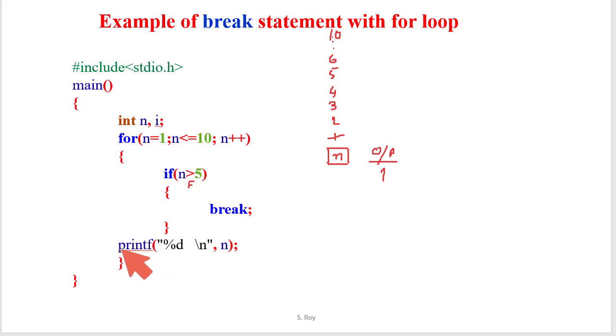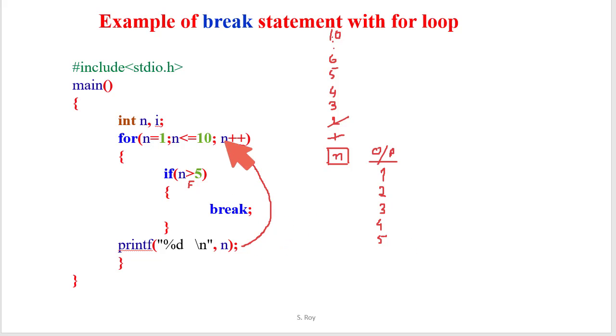After this print statement, it returns to increment the value of n. Now n is equal to 2. It satisfies the condition and enters the loop. Again the if condition gives false, so it prints 2. Like this we will get the output up to 5.